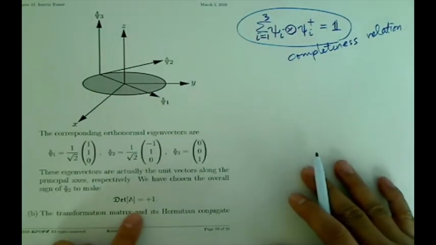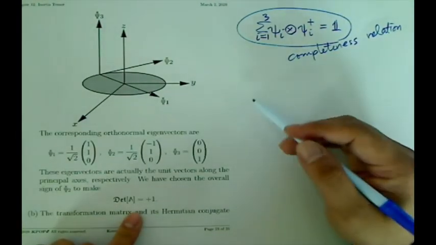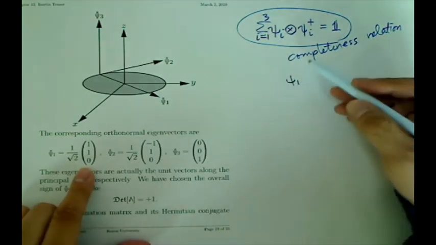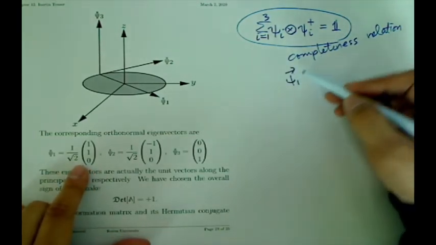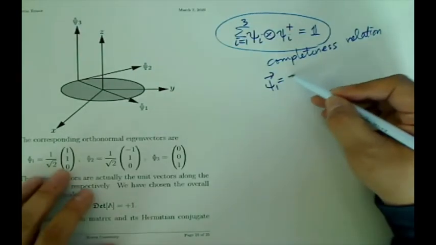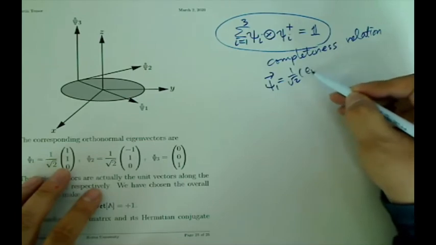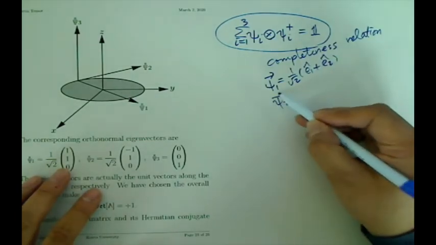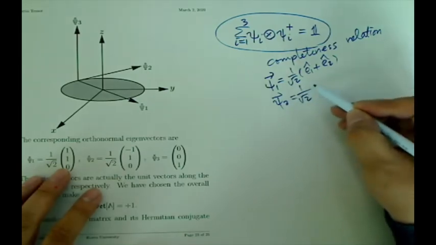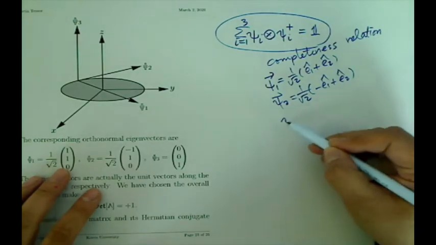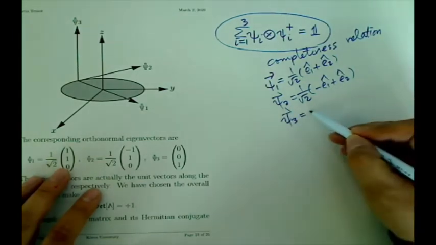First you need to find the scalar product. Psi 1 can be, for example, in vector notation, 1 over square root 2 times (e1 plus e2), psi 2 vector is 1 over square root 2 times (minus e1 plus e2), and psi 3 vector is just e3 hat.